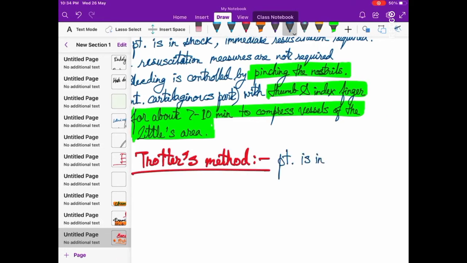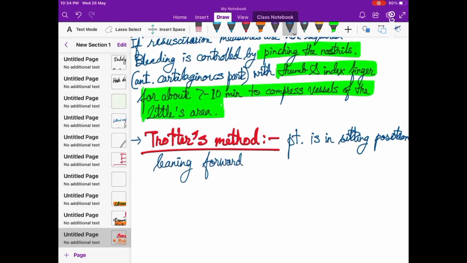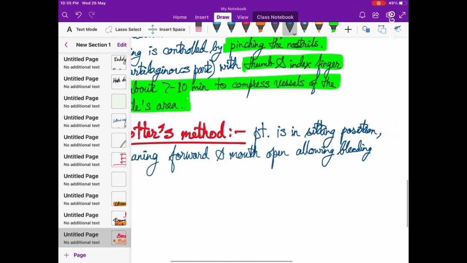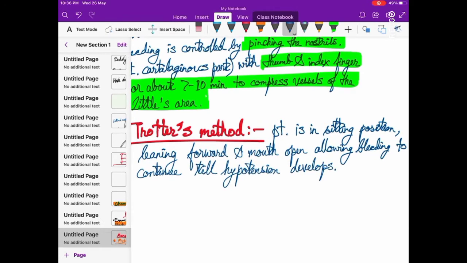Trotter's method: patient is in sitting position, mouth open, allowing bleeding to continue till hypotension develops.